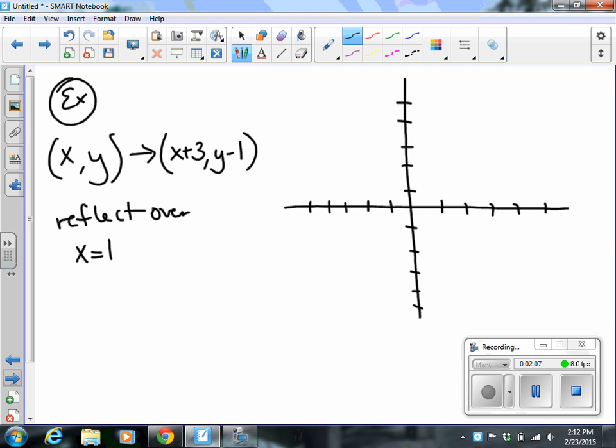All right, so I've got my transformation of my glide reflection. Now I just need to put up the points there for you.